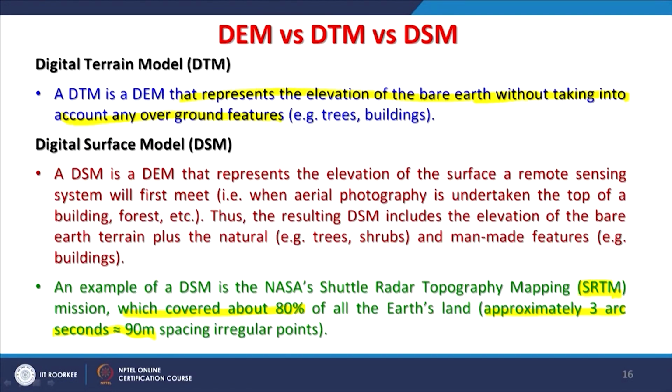So, a 30 meter spatial resolution SRTM based digital elevation model of the entire globe except for polar regions is also available. Earlier it became available first for American countries and later for the entire world.